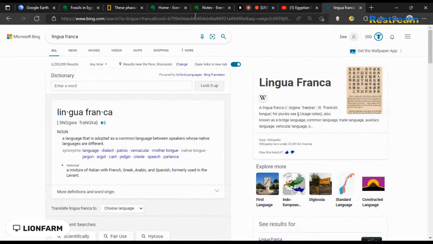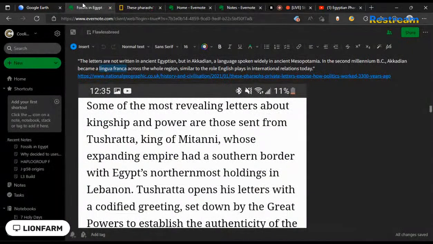They maybe have multiple languages. A lingua franca is a language that is adopted as a common language between speakers whose native languages are different. So, very important. Sometimes you see things like that where people will have the same language across the whole region, similar to the role English plays in international regions, right? You've got a lot of different nations that speak English. I don't know a country so far that doesn't speak it, right?